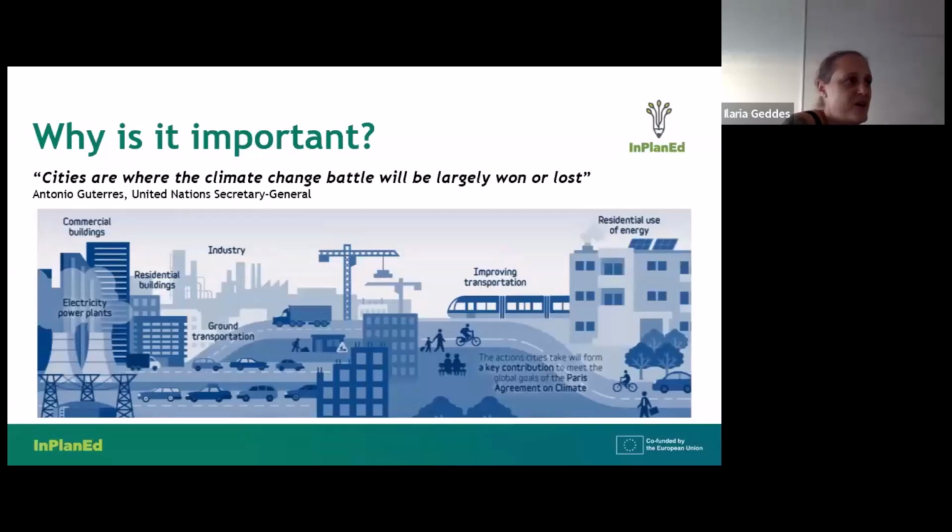Still, we need the countryside to provide us with food. And they also generate more than 70% of greenhouse gas emissions. So it's a huge share compared to the whole world.